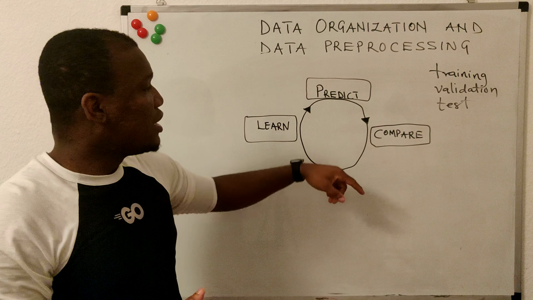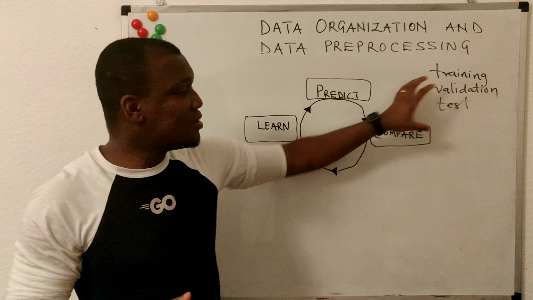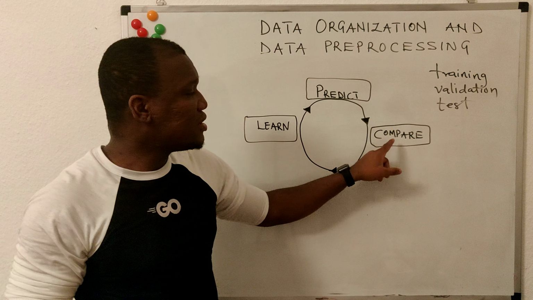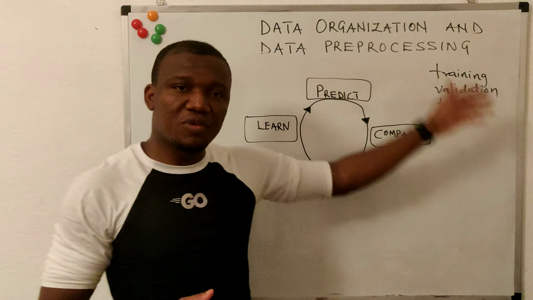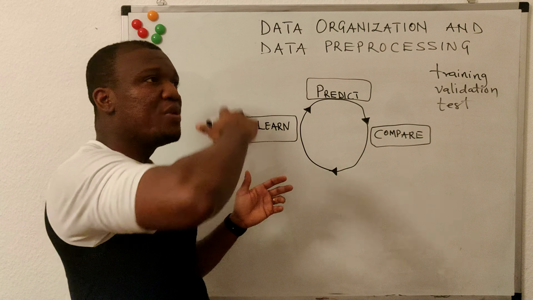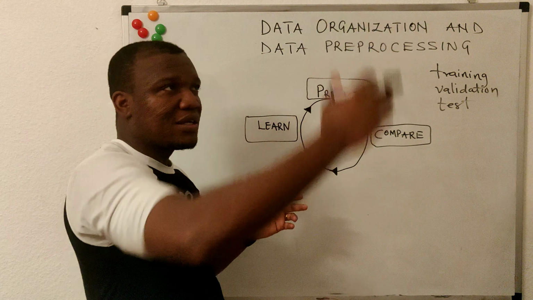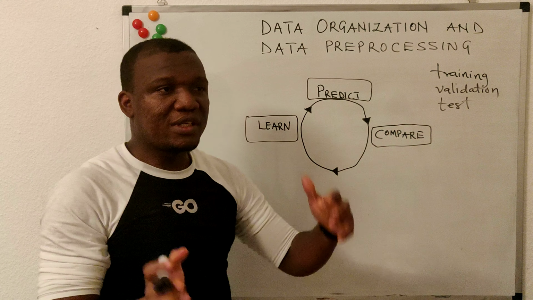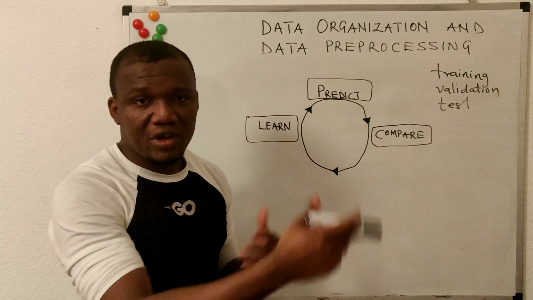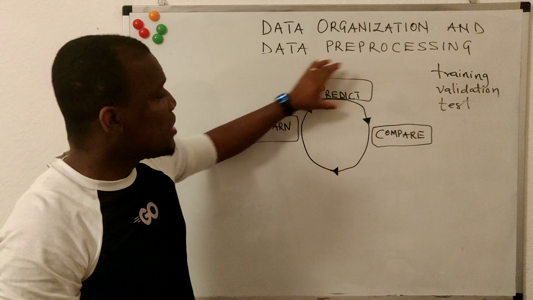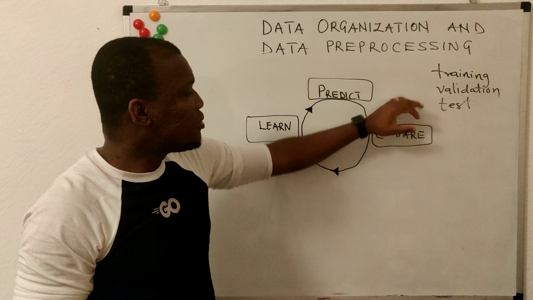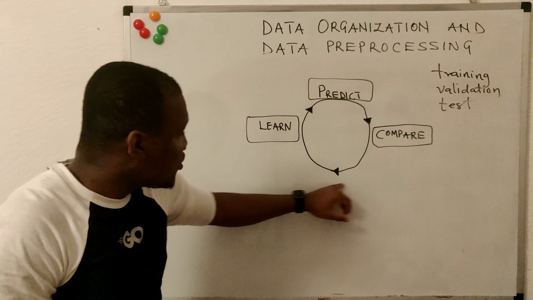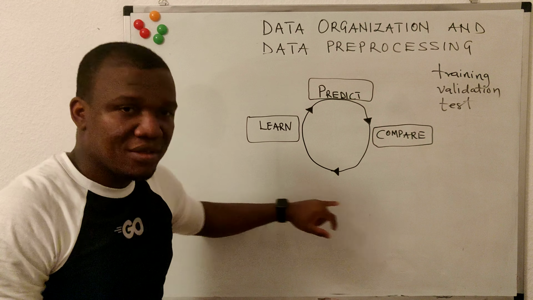So the neural network starts by making predictions. It compares its predictions to the ground truth. Remember in the previous video how we had an output column that contained the truth in our recordings, or the data set that we are going to use to train the neural network. So it makes predictions, it compares the predictions to the ground truth, and then it will correct itself by learning.